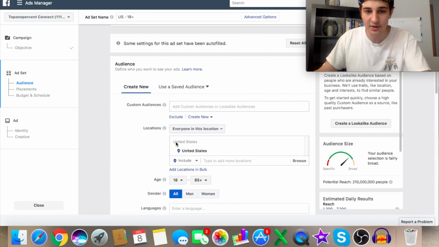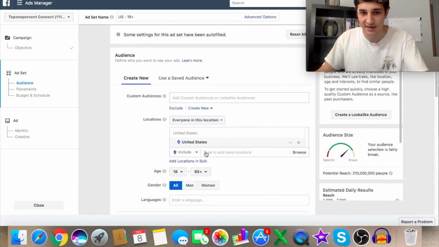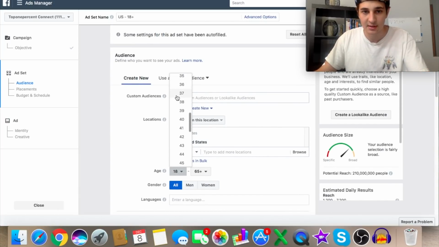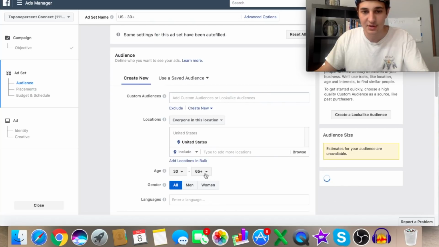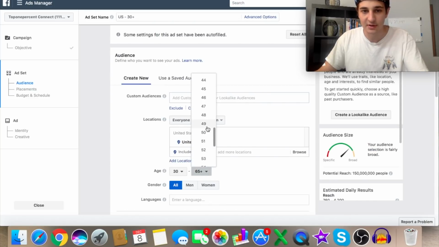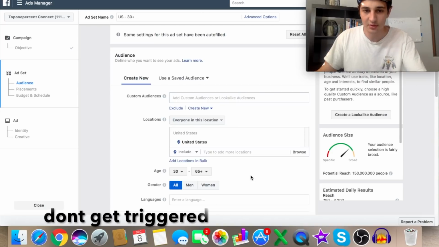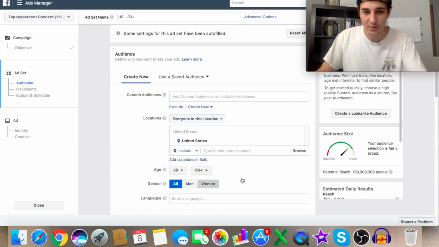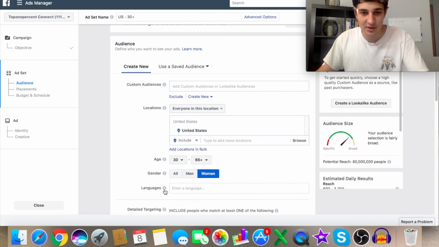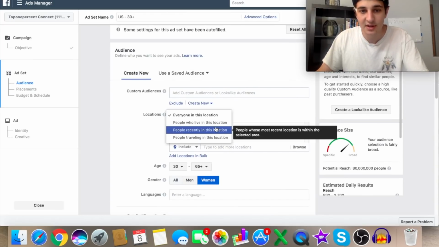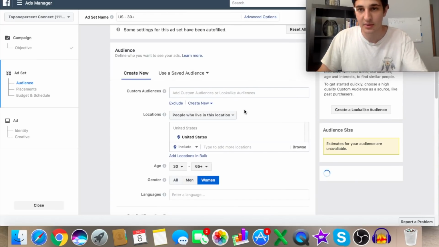So what you would do is, obviously, we would just target United States. We would change this to 30 and then change this one to 50 or 65, because usually older women have cats as well. Only want women. It does not matter what language, we could just keep that blank. And then we want to target everyone that lives in this location, right?